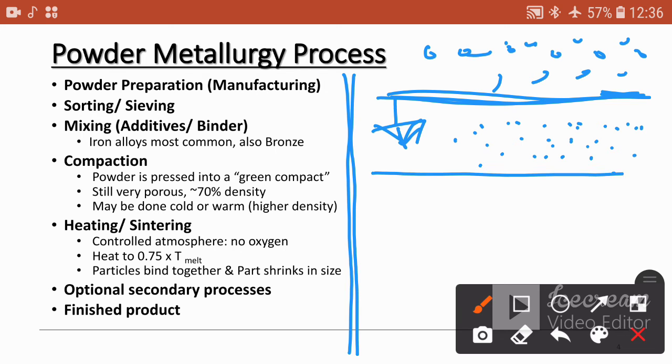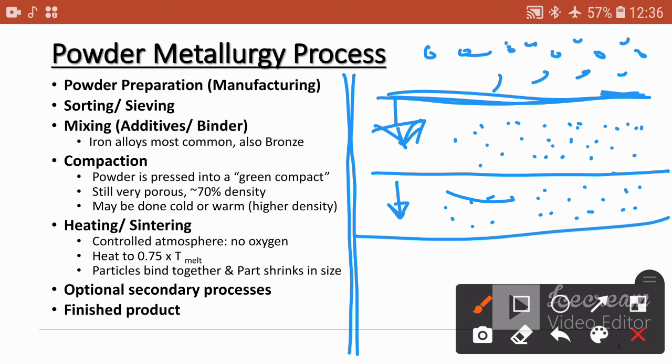Then next step is we will add water. Okay, we will add water and oil and then salt. Okay, so such additives and binder we will add.